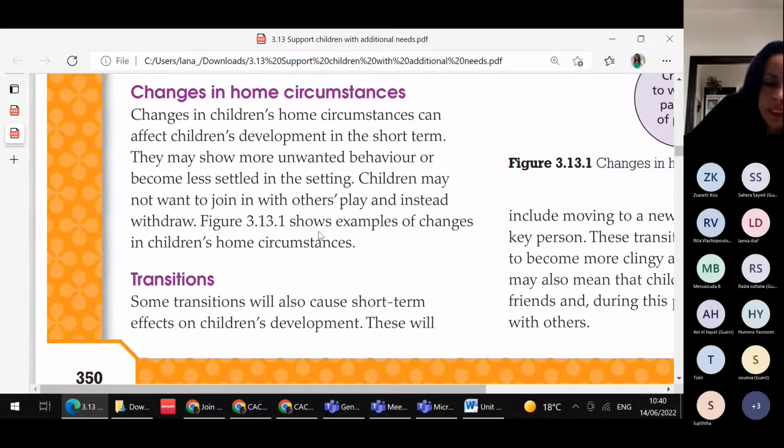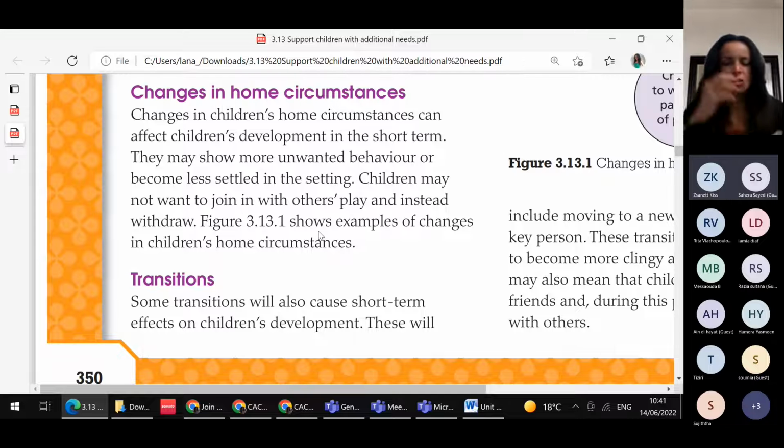How about changes in home circumstances? Children might have changes in their home circumstances, which affect their development in the short term. So the child will show unwanted behavior.